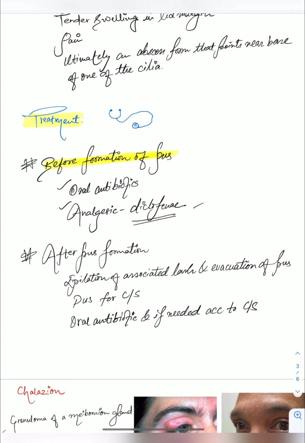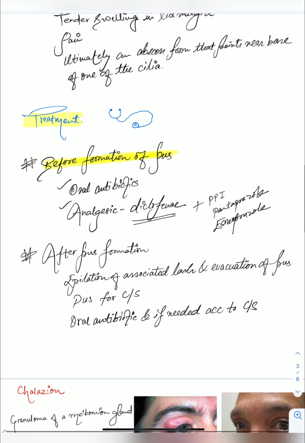And with this, you should give him a PPI like pantoprazole or any other, like esomeprazole. The analgesic should be given after a meal, and the PPI should be given before a meal.